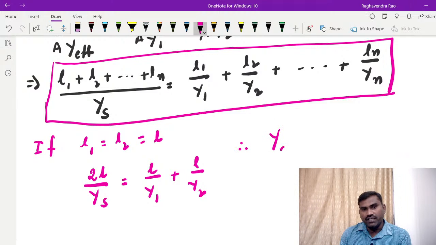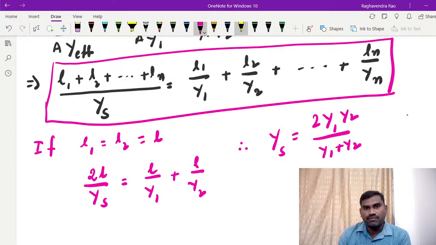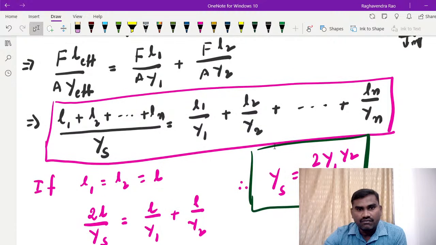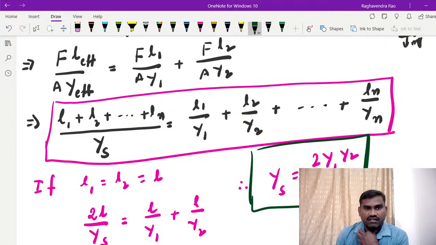Therefore Ys is equal to 2Y1 Y2 by Y1 plus Y2. This is the effective Young's modulus in series combination of the wires. So this is the general formula.